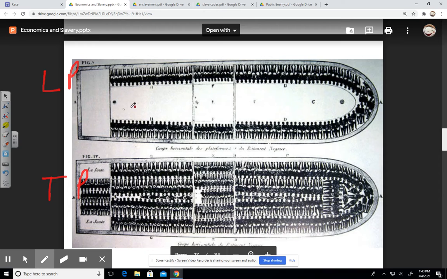The difference being, we're looking at a top-down version of a slave ship, and we're packing individuals very tightly. So a tightly packed ship looks like this, where you see the human beings close to each other. If we were to take the same one and give people this amount of room, you're bringing less people, and that is not going to be profitable.